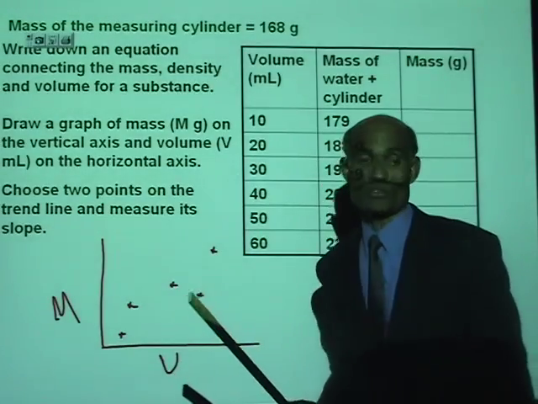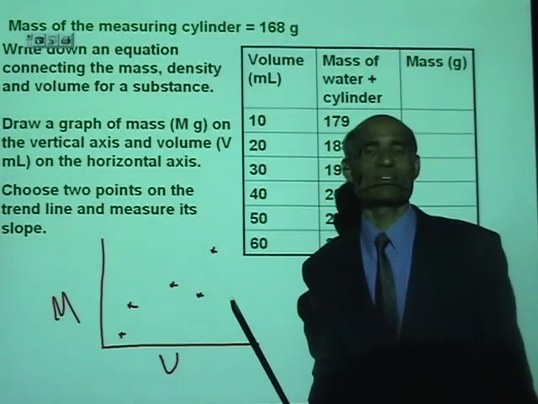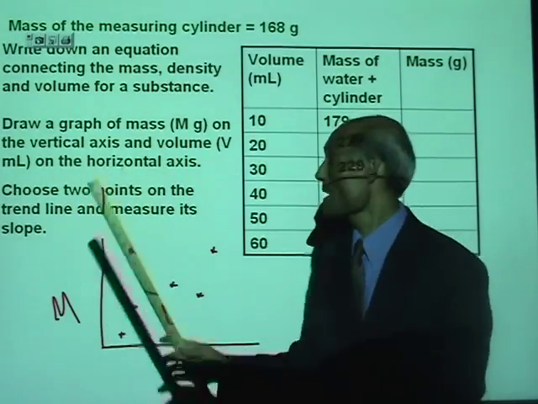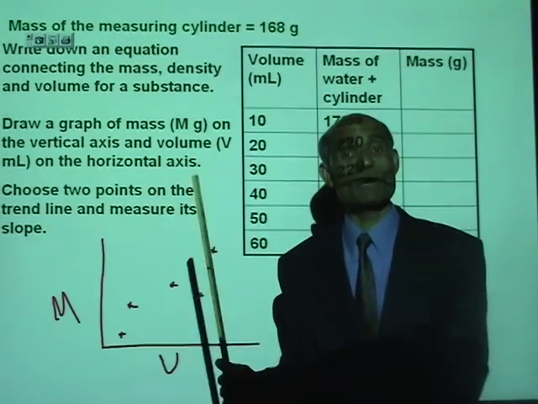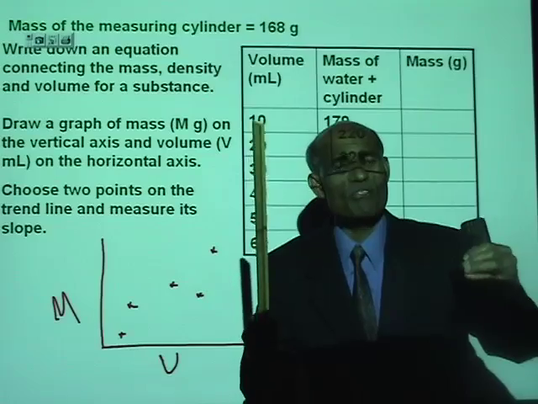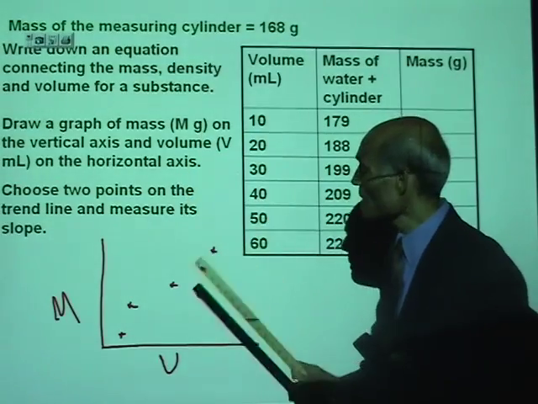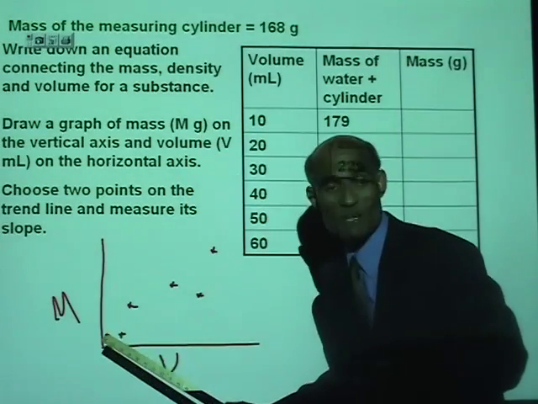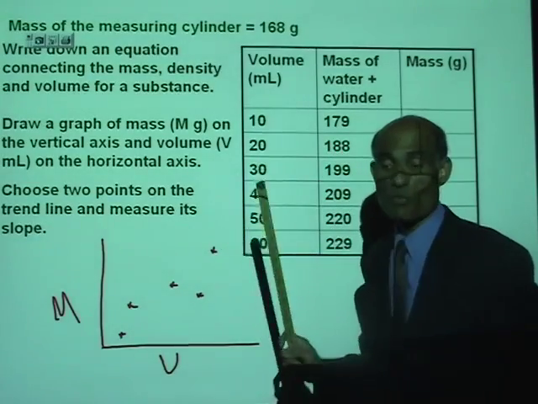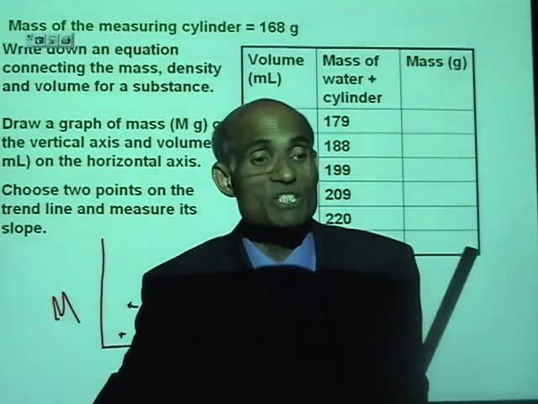That is not what a graph is supposed to be. You see, an experiment will always have errors. In my experiment, there were some errors because when I poured water, a little bit of it fell off and so on. That means my experimental points really do not lie on a straight line. So what you need to do is find the trend line.